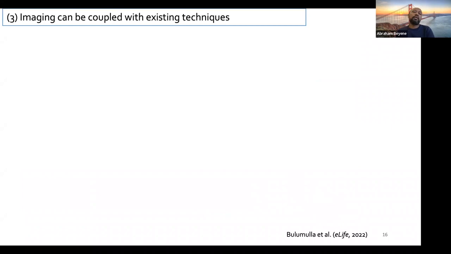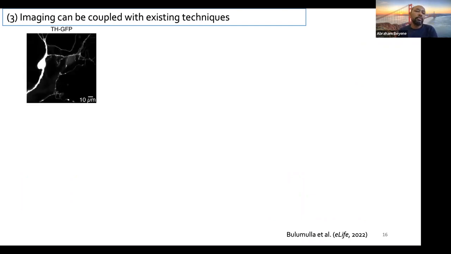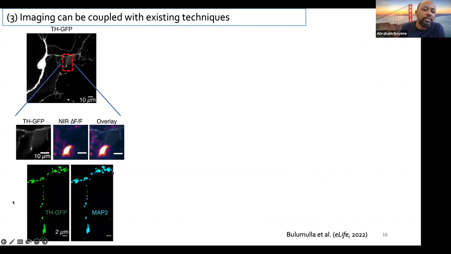Now, imaging in these systems can also be coupled with downstream existing techniques where we can elucidate things a bit more after we've done imaging. In this case, for example, where I'm trying to demonstrate release from dendrites of dopamine neurons, we've been able to couple that with downstream immunostaining and then super resolution imaging to demonstrate that some of these releases that we claim to be dendritic are truly coming from dendrites.